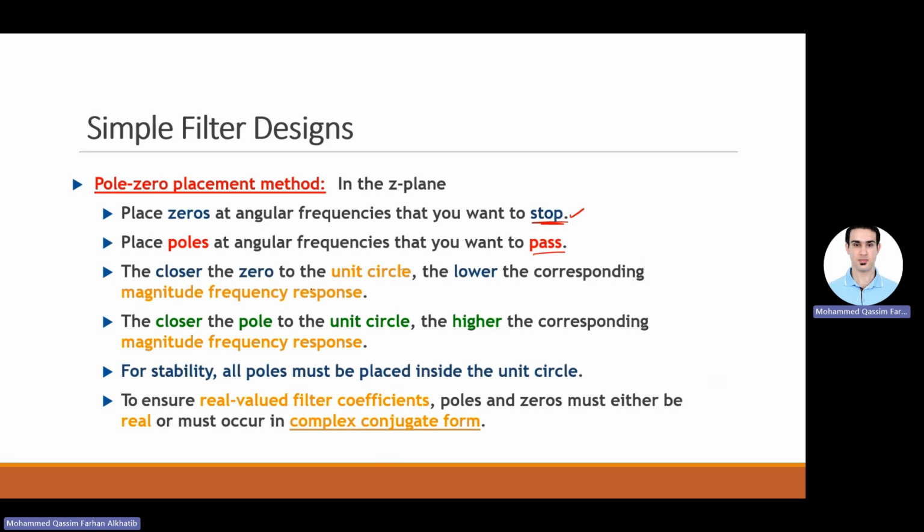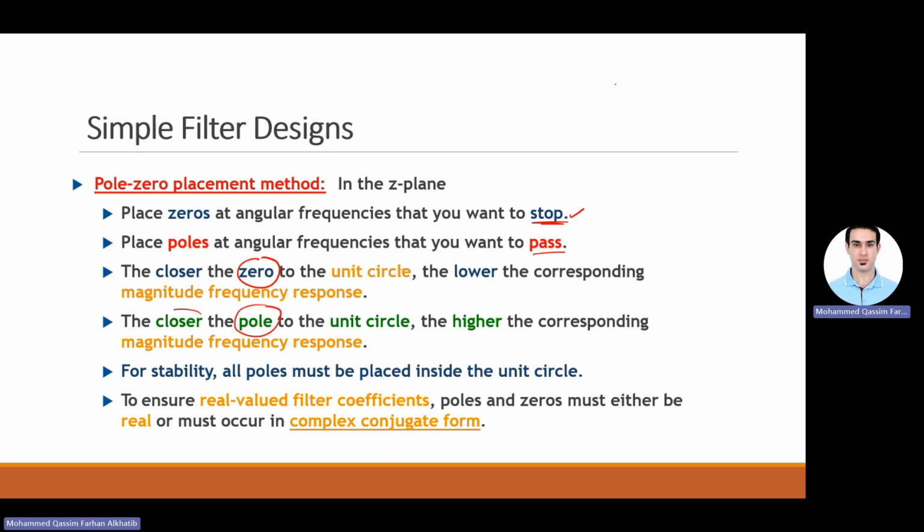Now, the closer the zero to the unit circle, the lower the correspondence magnitude frequency response. Opposite, the closer the pole to the unit circle, the higher the correspondence magnitude frequency response. So you cannot say, oh, I will design my zeros and I will get my desired response. So you have to monitor both actually, the zeros and the poles, because their effect is opposite to each other, so you have to maintain a balance between both.